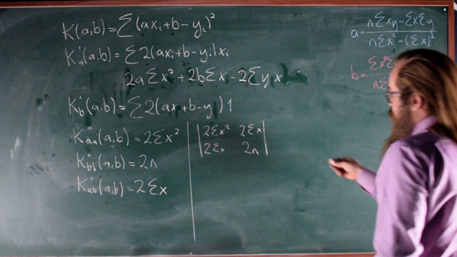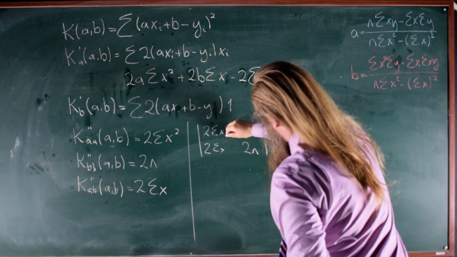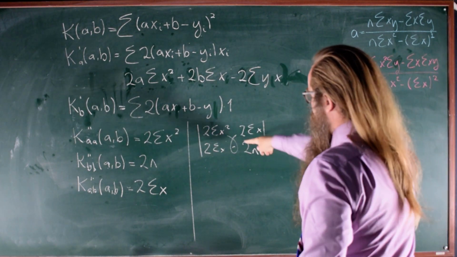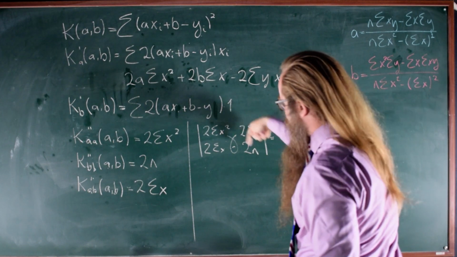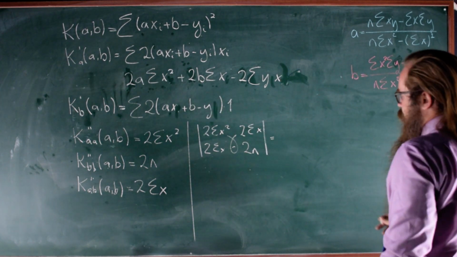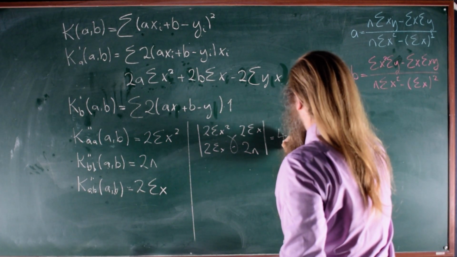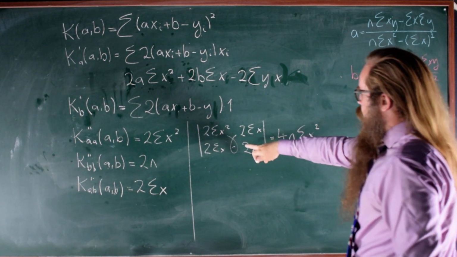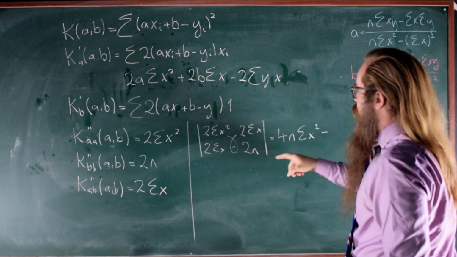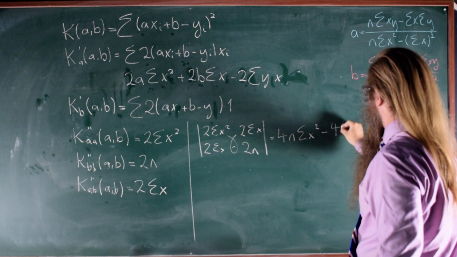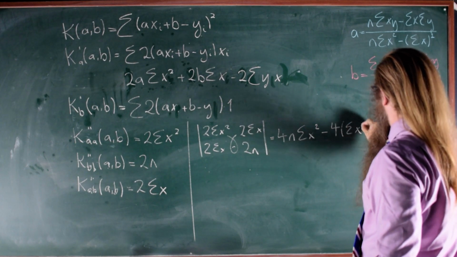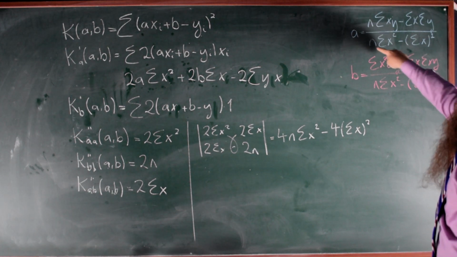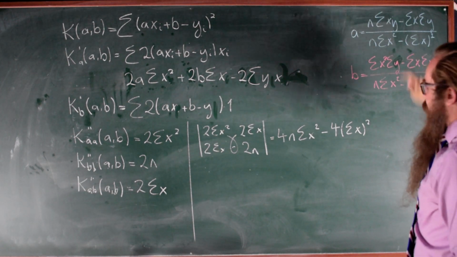And what this gives is, we multiply the diagonals and subtract the off diagonals with opposite signs. So we get 4n sigma x squared, and then we take minus 4 sigma x squared. And the beauty here is that we're actually getting 4 times the denominator here.